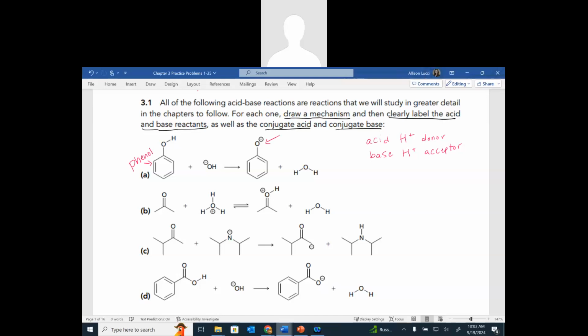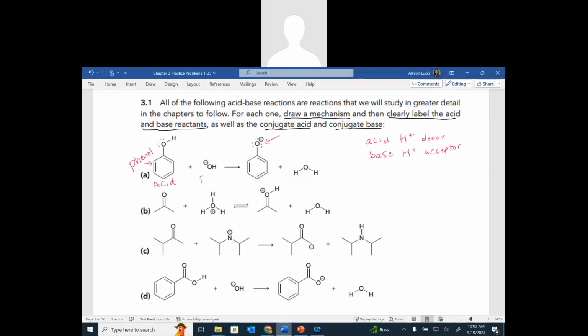a proton. Originally we had these two lone pairs. Now we see a -1 formal charge on our oxygen, so we know that there's 3 lone pairs. So what happened with this mechanism? We know that this was acting as an acid since it donated its proton.